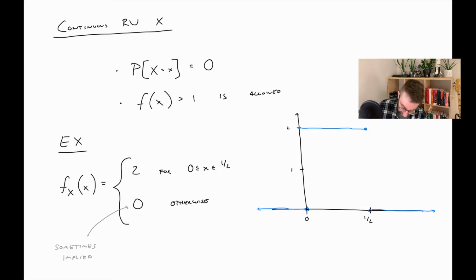And so right away, note that something like f of 0.25, which is like here, is 2. So that shows us this. And then the other thing I wanted to note is, let's say the probability that x equals 0.25.